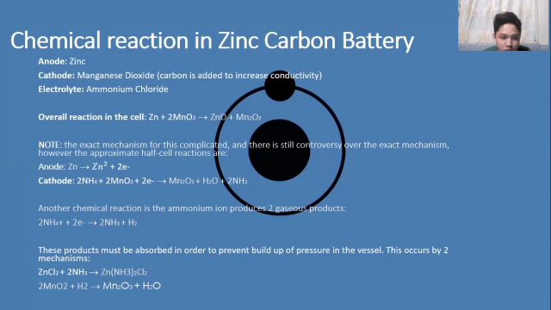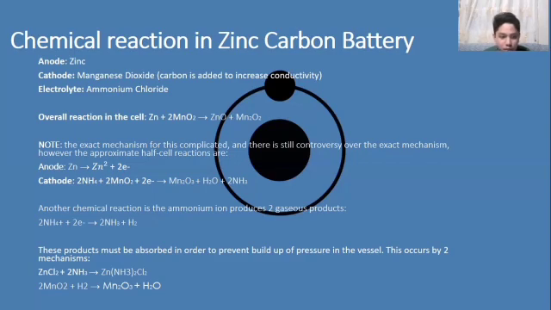Another chemical reaction is the ammonium ion produces two gaseous products. Ito nga yung 2NH4+ plus 2e- is equal to 2NH3 plus H2. These products must be absorbed in order to prevent buildup of pressure in the vessel.